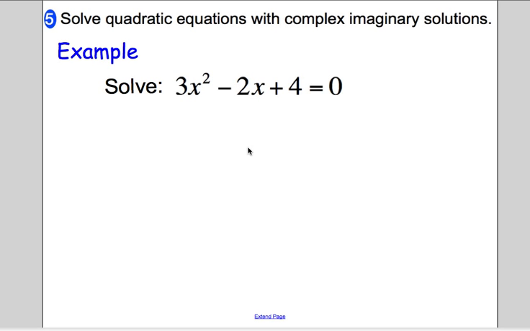I'm looking for 2 things to multiply to 12 and add to negative 2. And if I go through and I try this, I don't think there's any combinations of numbers that will work. So in this case, this equation does not factor. Since it doesn't factor, we have to go to the quadratic formula.